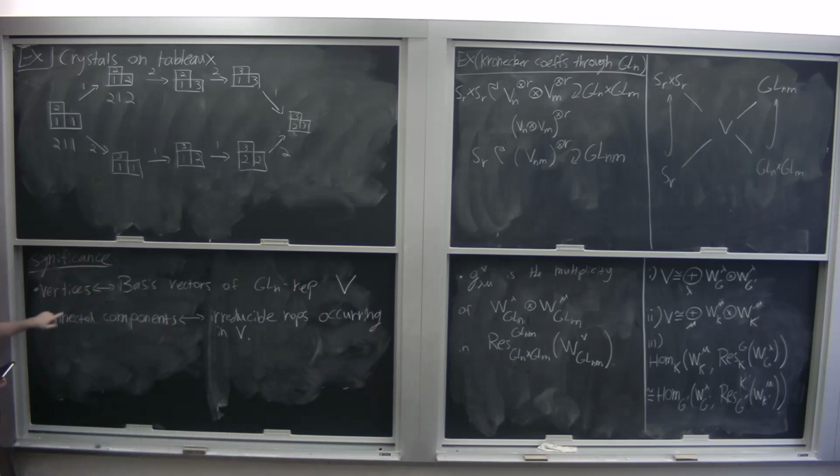And so if we're able to take a representation we want to understand, V, and put this crystal structure on it, then from the connected components of that crystal structure, I'll be able to identify, oh, this connected component is sort of this shape, so I know which representation it is.